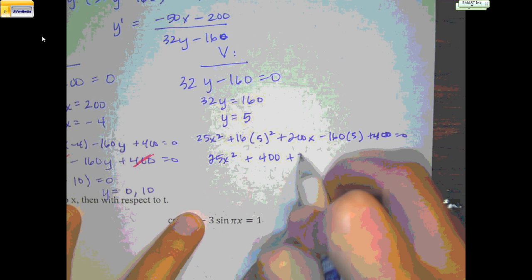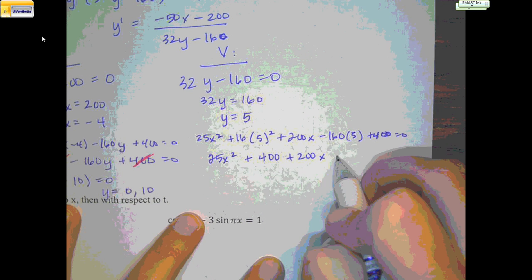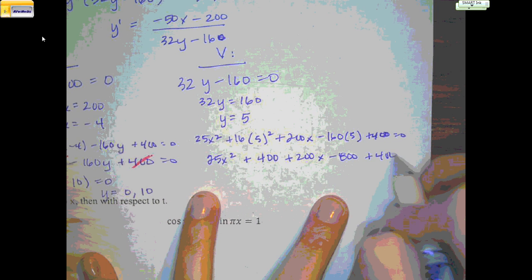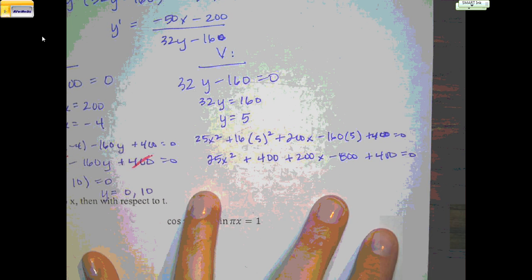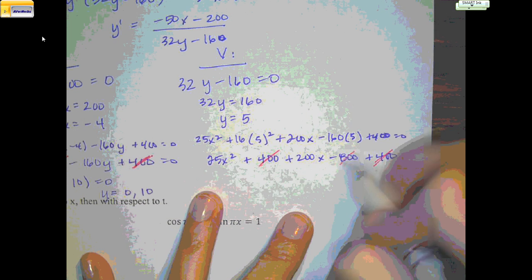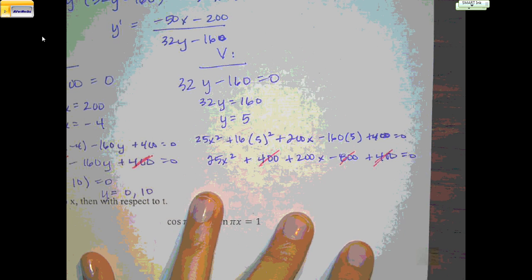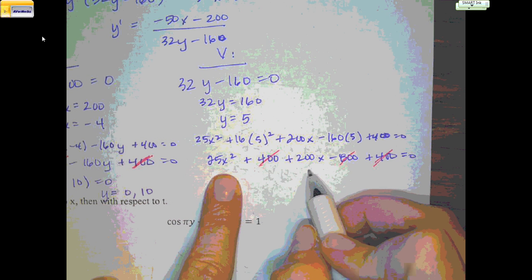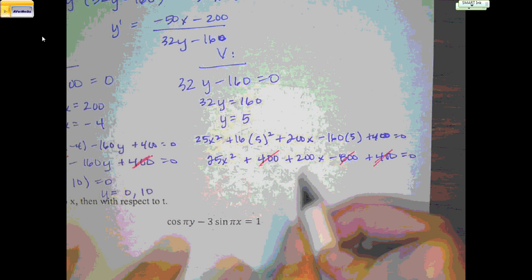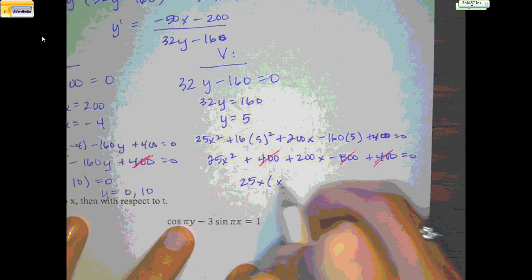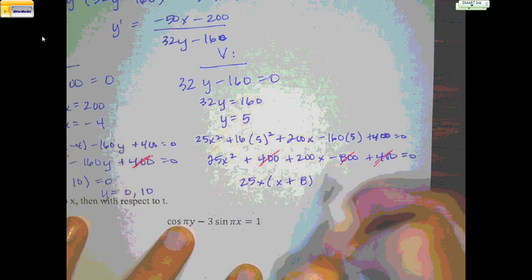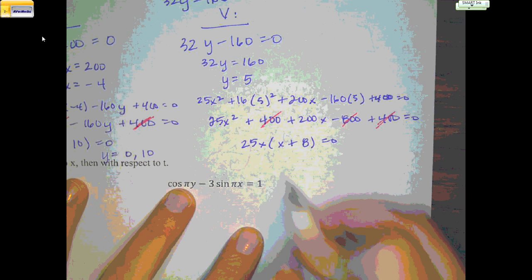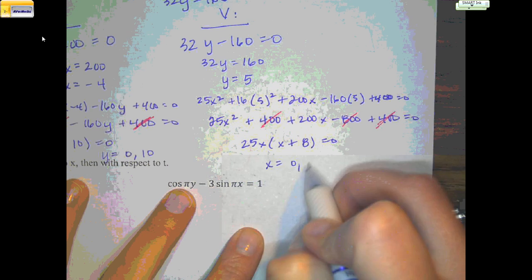Plus 200x minus 160 times 5 is 800. Plus 400 equals 0. So again, I've got a 400, and a minus 800. So that works out really nicely. I'm left with two terms that equal to 0. We're going to take 25x out of both of those. So I'm left with x plus 8. Which means, what is x? 0 and negative 8.